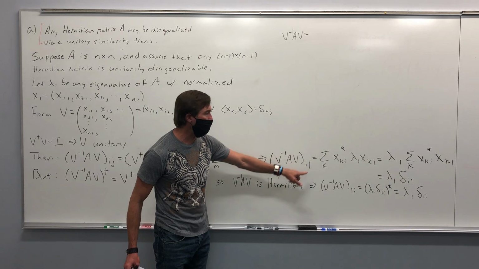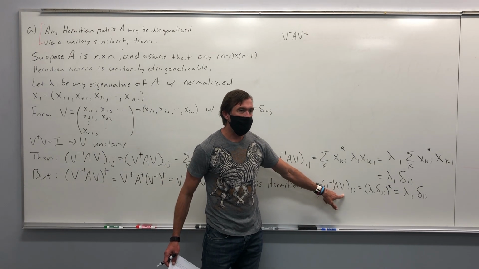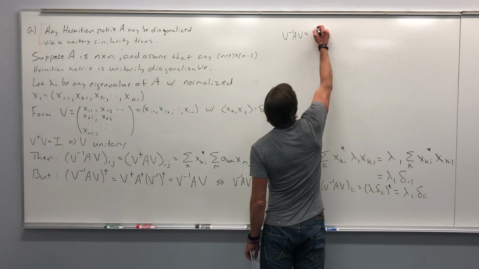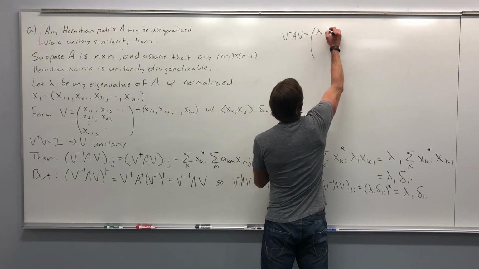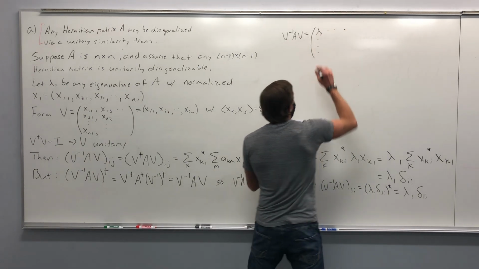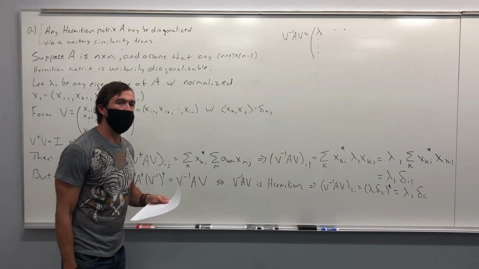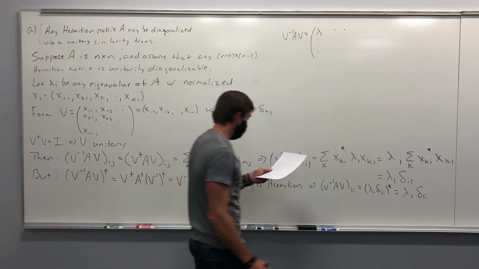That's the first column of this matrix, and now I've got the first row of this matrix, and all it's saying is that it's zeros everywhere except the 1, 1 component. And the 1, 1 component is lambda 1.